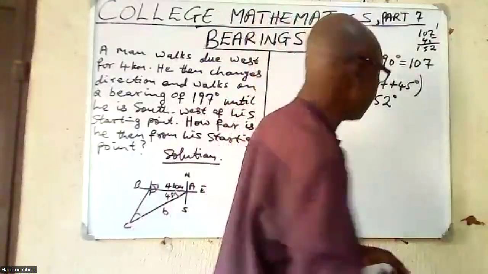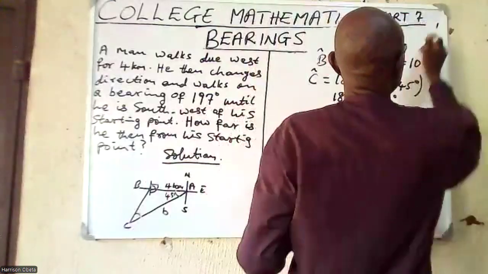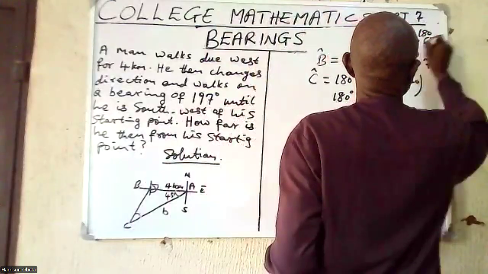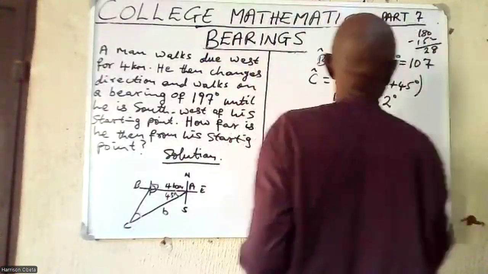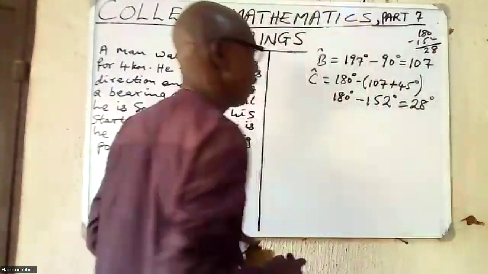Then we subtract from 180. 180 minus 152 will give us 28 degrees.